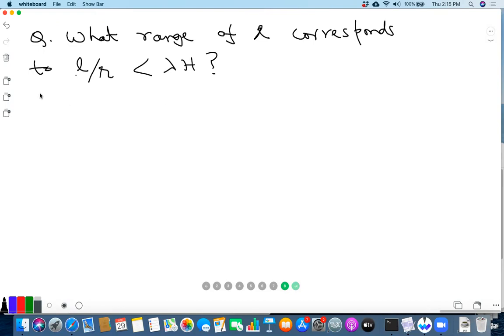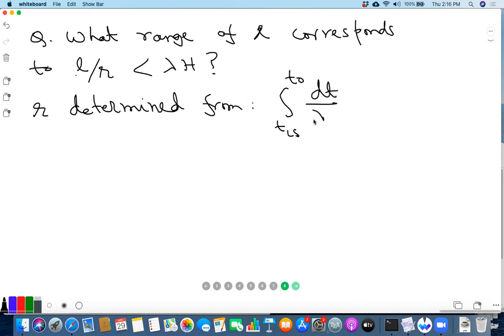So let's see what is R. R is determined simply from the metric: from the last scattering time to today, dt over lambda t is basically R, right?